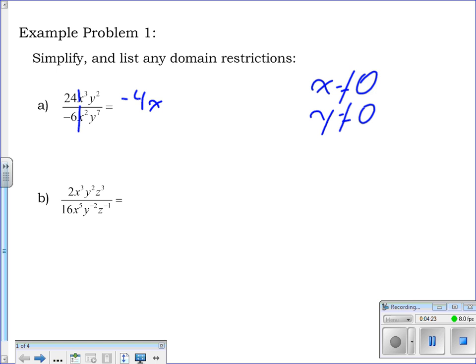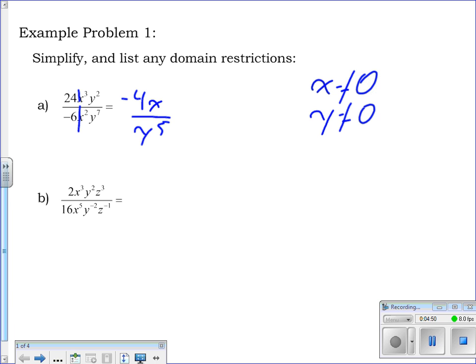What's 7 minus 2? 5. Where does y to the fifth go? In the denominator, because that's where the larger exponent was. 4x over y to the fifth. Simplify. We've done this already before, so this one's not really all that new. The big new thing is our domain restrictions.